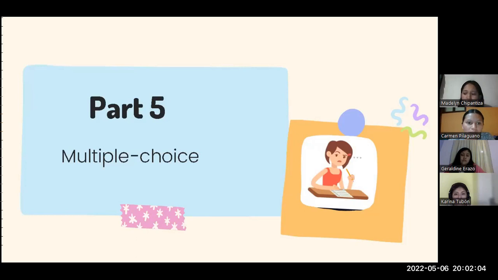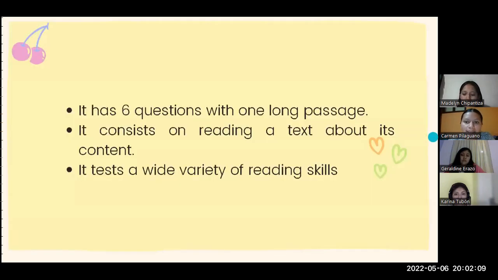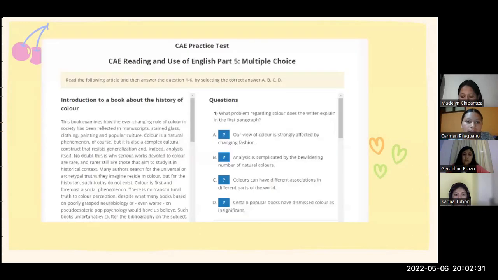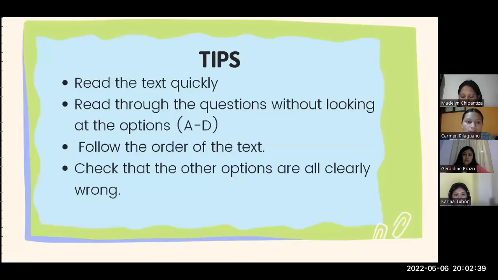Okay. Part 5 of reading and use of English is multiple choice, which contains 6 questions with 1 long passage. It consists of reading a text and answering questions about its content. These tasks test a wide variety of reading skills, for example, reading for detail or understanding opinions and attitudes. Next, here we have the example with a long passage and four options.